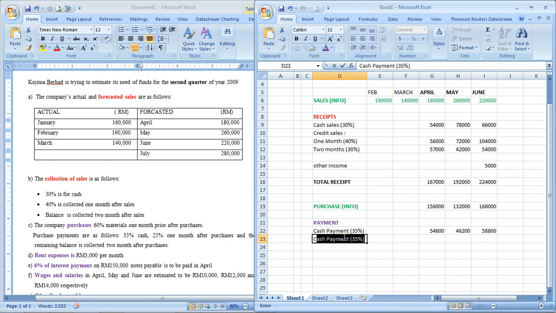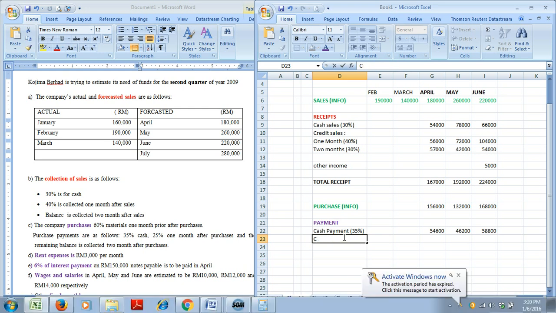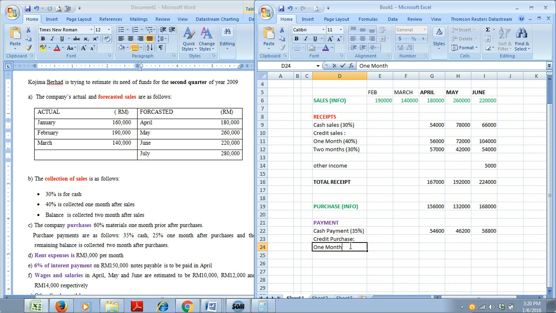Now, how about credit purchase? Credit purchase class. I have 2, right? If credit purchase, I have 2. One for 1 month. Second is for 2 months, because the question asks you 1 month and 2 months.